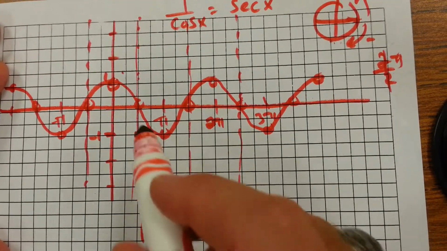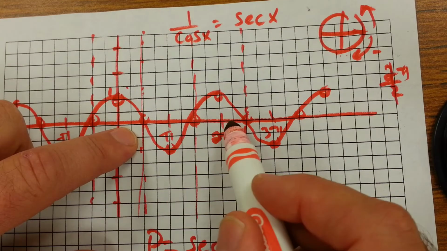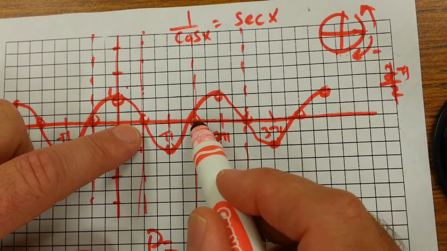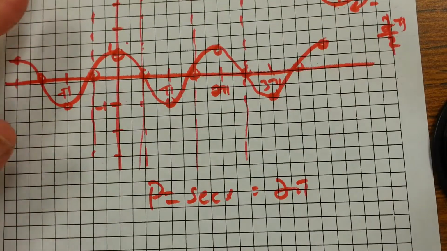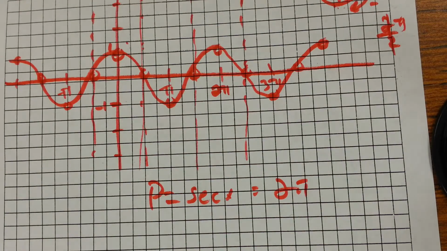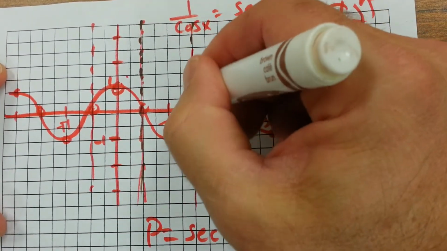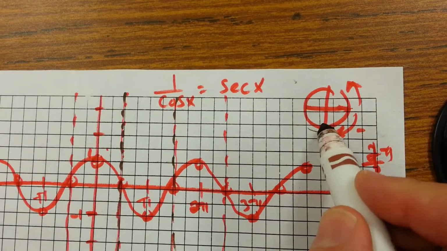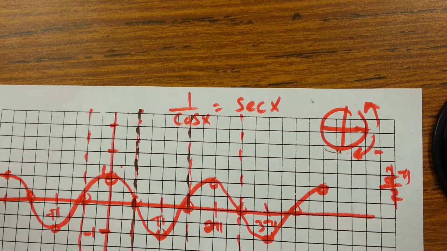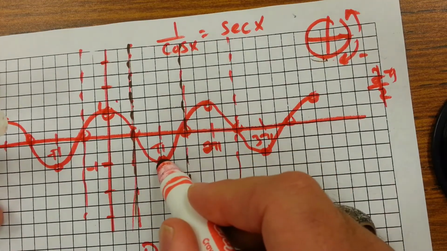Because 1 over cosine, my graph will look like this, let's say, from pi halves to 3 pi halves. Maybe my asymptotes a little darker here in brown. So here's pi halves to 3 pi halves; from here to here is an interval. Notice, 1 over negative 1 is negative 1.